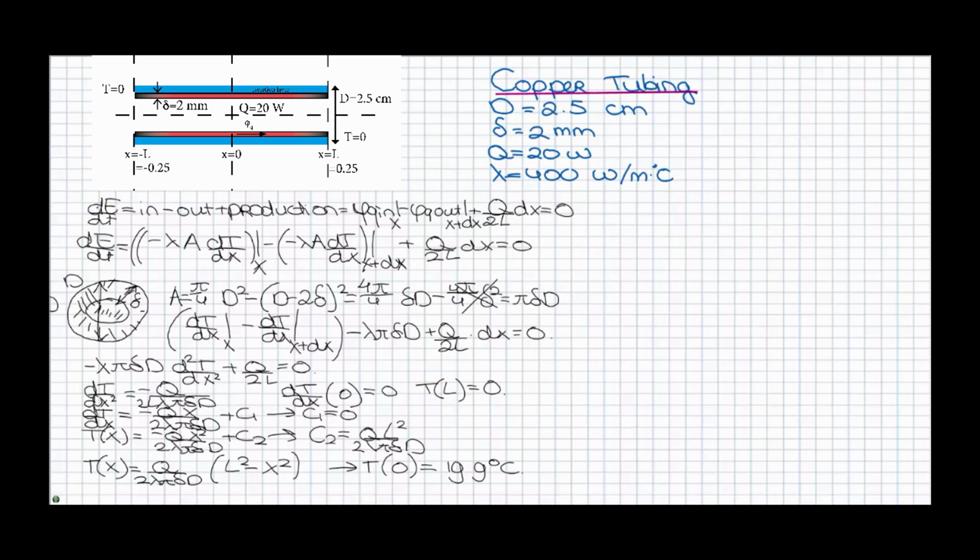The sixth question asked you to calculate the temperature at specific points, namely at x is 0.10 meter in the tube, and now you will find 60.7 degrees Celsius, and if you do the same for minus 0.10, you also find 60.7 degrees Celsius, because of course the tube is symmetric.